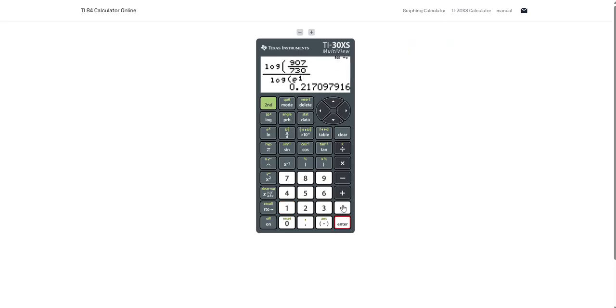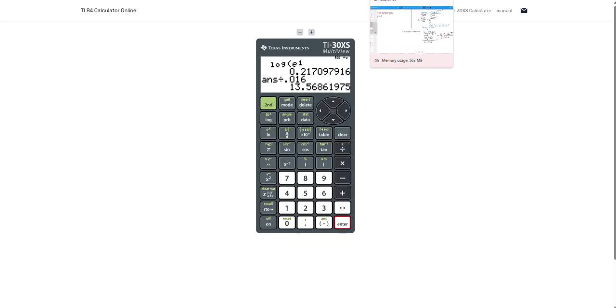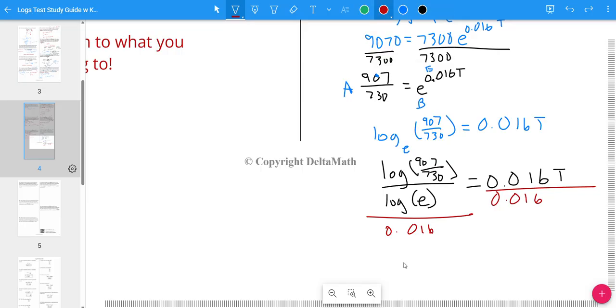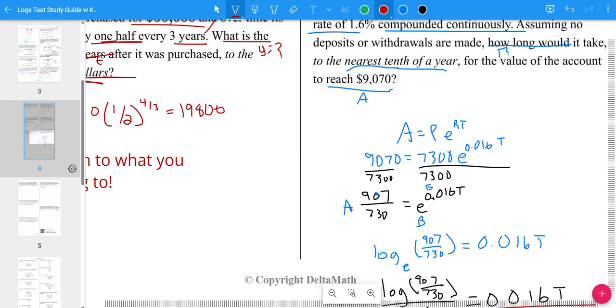Okay. Then we divide by 0.016. So approximately 13.6. So it's going to take about 13.6 years, to the nearest tenth.